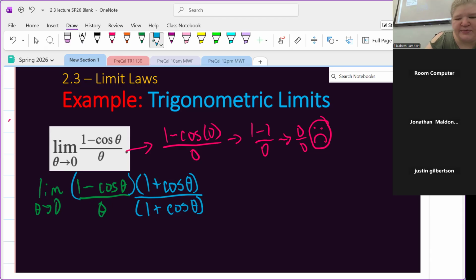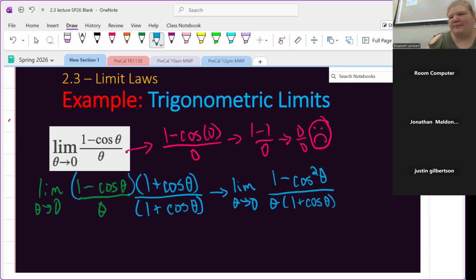So on top, that is a FOIL situation, but it's a difference of squares. So let's rewrite our limit again, because we're technically supposed to write that every time. On top, we're going to have 1 minus cosine squared theta. That should sound a little more familiar. And on the bottom, don't multiply it out, just leave it factored.